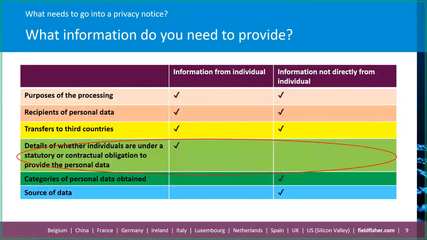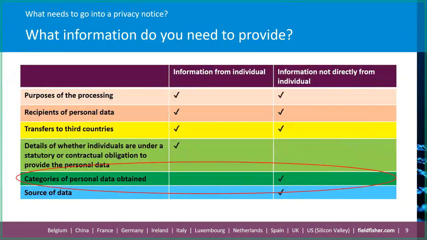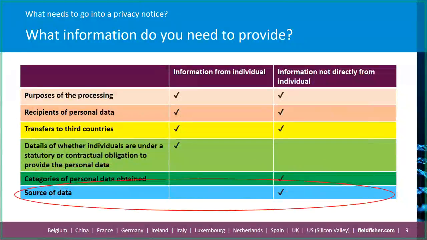Specifically, if the information is collected directly from the individual, you also need to let the individual know whether they are legally or contractually required to provide that information to you. And the last two relate solely to where you are collecting the information from a third party and not directly from the individual. So you need to disclose the categories of personal data obtained, and the source of data should also be disclosed. For example, if you're obtaining contact details from a third party marketing list broker.